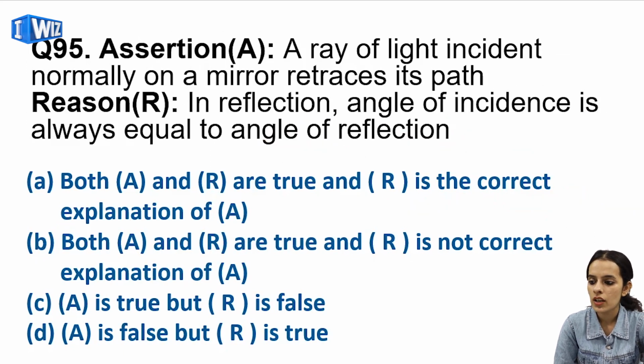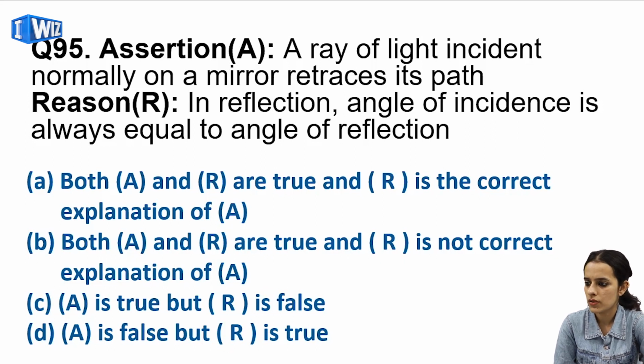Next, read the assertion properly. A ray of light incident normally on a mirror retraces its path. Reason: in reflection, the angle of incidence is always equal to the angle of reflection. So tell me, are these both true?